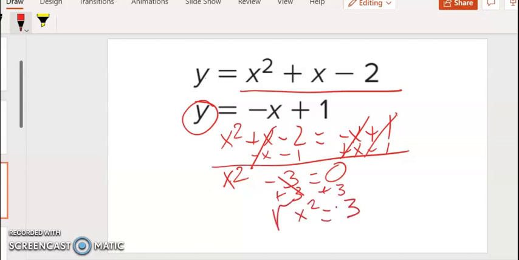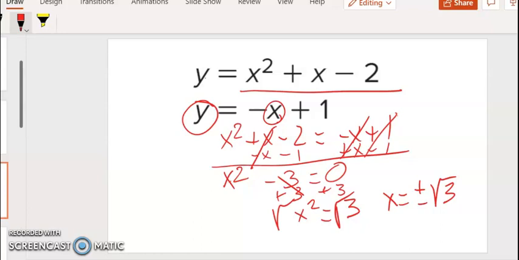And again, I'm going to take the square root of both sides. Now this didn't work very well because it gave us a radical expression. If I plug in a radical for my x, then I'm going to get a decimal value as well. So this particular equation would probably be easier if we graphed it.